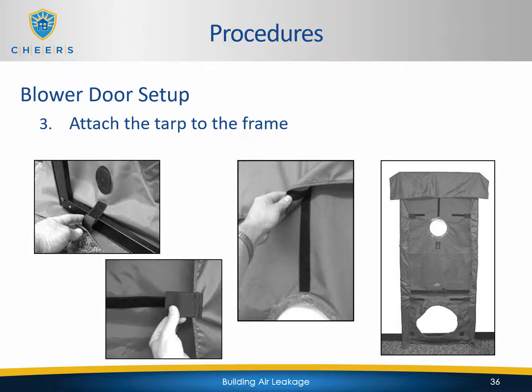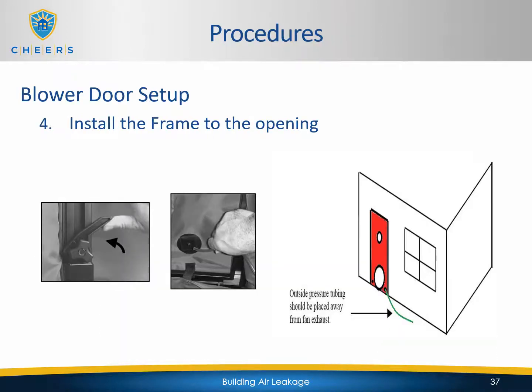And then you're going to attach the tarp to the frame with a series of Velcro straps that are built into the frame itself and the tarp. You then are going to install the frame to the opening.